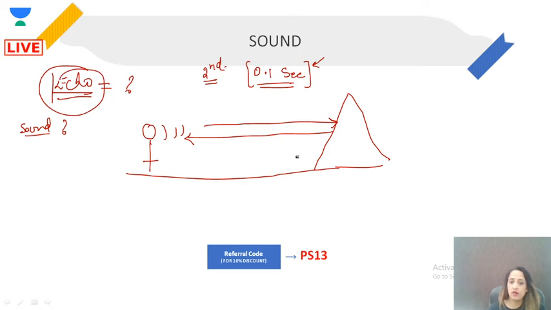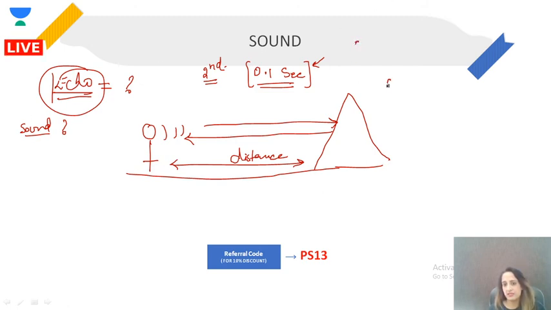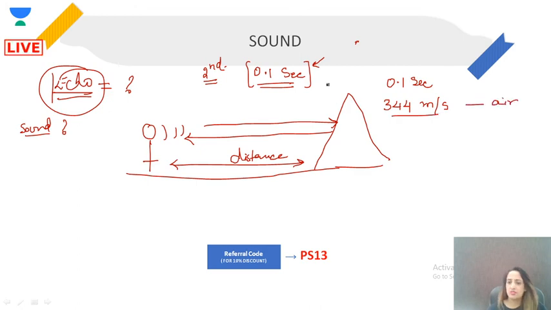So what should be the distance to listen to an echo? Let's do that quickly, and that is an important question. We know that the brain's processing time is 0.1 second, and a very basic idea is that sound travels 344 meters per second in air at normal temperature.